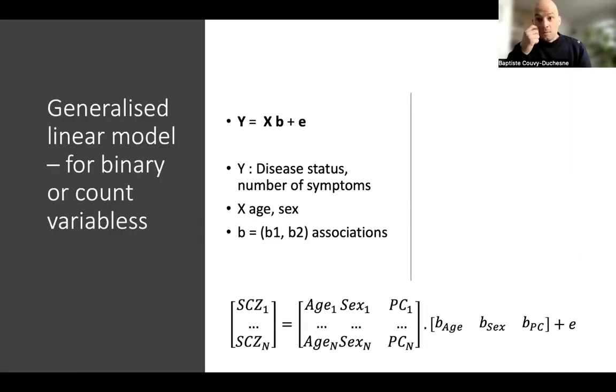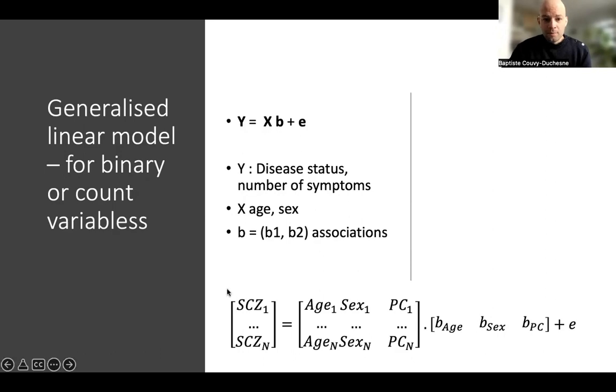All right, so we can further generalize this model into what are called generalized linear models. This means that now Y, our variable of interest, doesn't have to be normally distributed. It can be a disease status, so a 0-1 variable. It can be a number of symptoms, so a count, or follow other types of distributions.